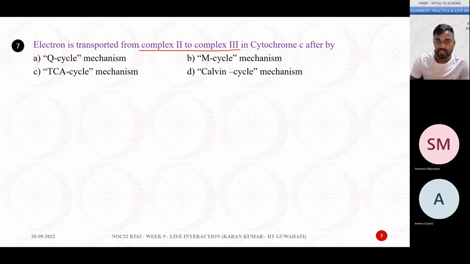So in the inner membrane, complex 2 and complex 3 are found, and between them a specific type of macromolecule is present. Those are called the Q, okay? They absorb the protons and electrons and get reduced. They form QH2. That mechanism you will find in the slides that ma'am has discussed clearly.